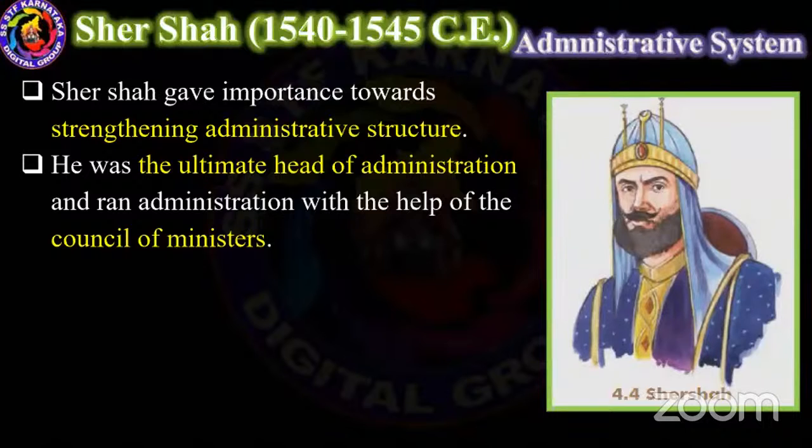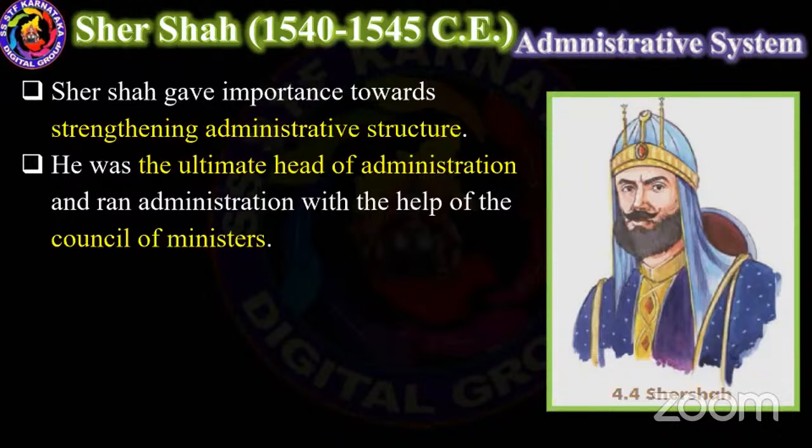We can take any dynasty which ruled in the middle period or the ancient period of India. Almost all rulers held all administration in their hand, and almost all appointed a council of ministers to run the administration smoothly, because it is difficult to run administration alone.